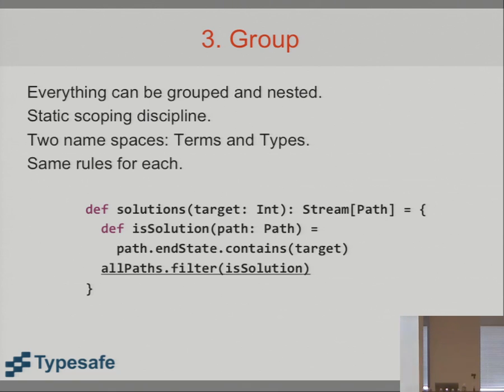I call a function allPaths, and I want to filter it with something that decides whether this thing is a solution. Where something is a solution says the last state of the path should contain my target state.